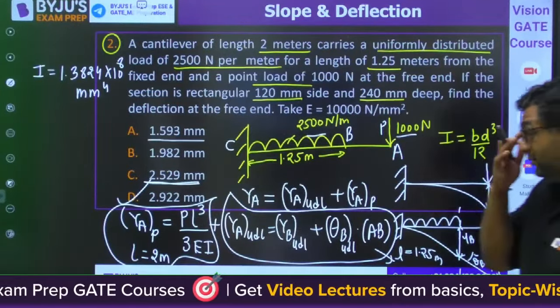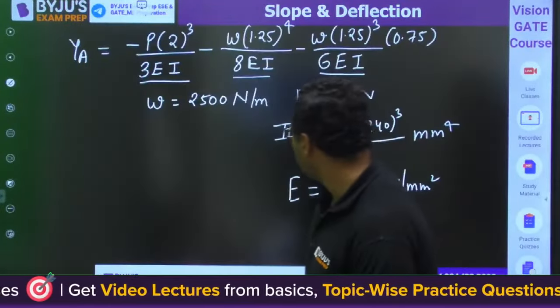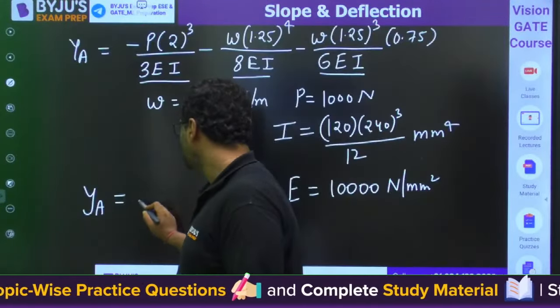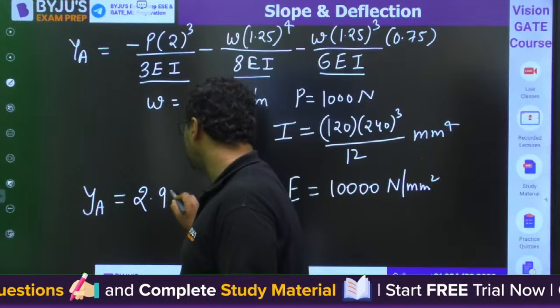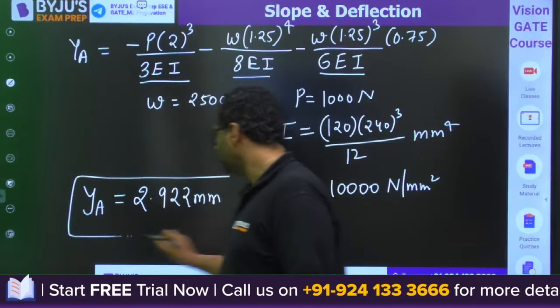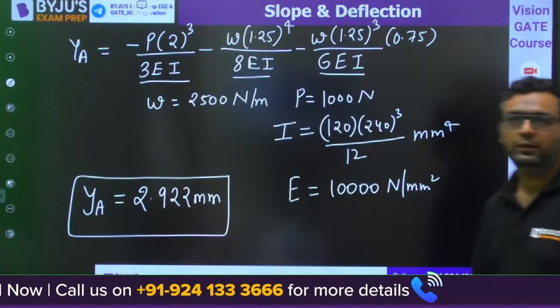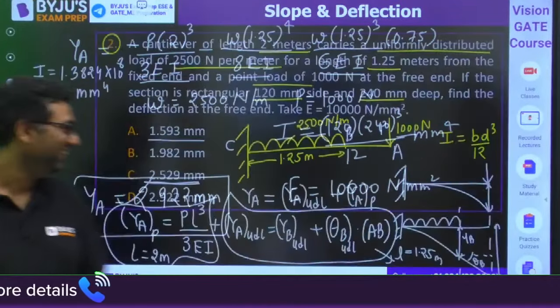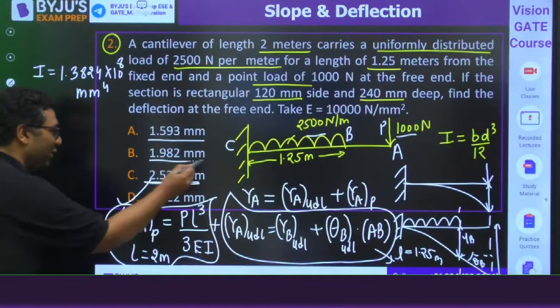D is correct. So my dear, the answer for this deflection at A will be 2.922 mm. D is the right answer. Aspirant said B. So one by one you have covered all the options.